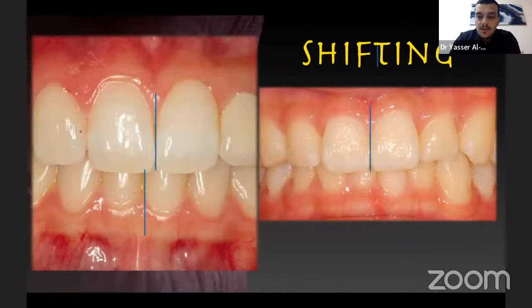That is the shifting, which means the midline is shifted or moved completely to the right or left. And as we said, the eye can notice more than 4 mm, but up to 4 mm can be acceptable.